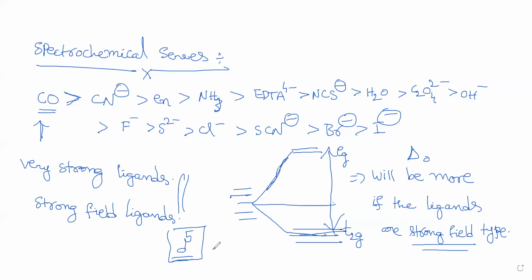D5 means how do you write it? All 5 electrons in the d orbitals, each orbital will have one electron. This is the general way of writing. What happens if I have created a strong field?